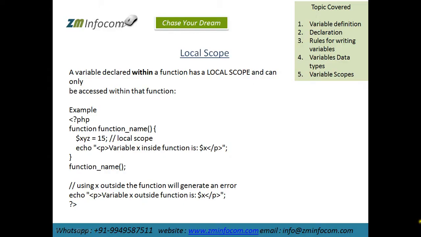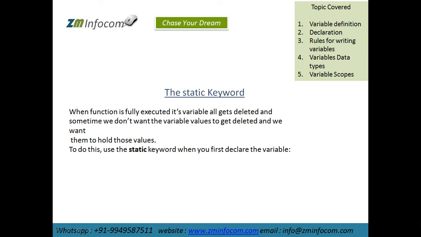Next, we are going to see the static keyword. When a function is fully executed, all its variables get deleted. Sometimes we don't want the variable's value to get deleted, and we want it to hold that value. For this we use the keyword static before the variable.